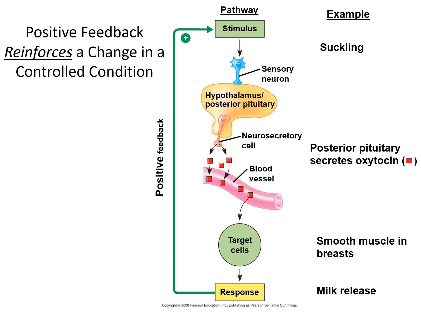An example here in this diagram, we've got a positive feedback loop that occurs in the production of milk in a lactating mother. So we've got a stimulus, and that would be suckling by the baby. And sucking at the nipple is going to stimulate mechanical receptors, we'll talk about them later, within the nipple.